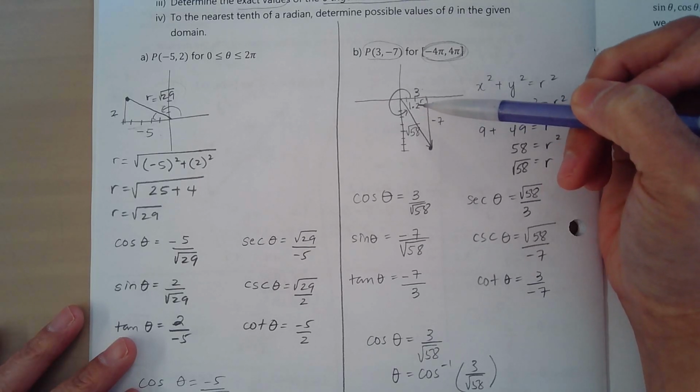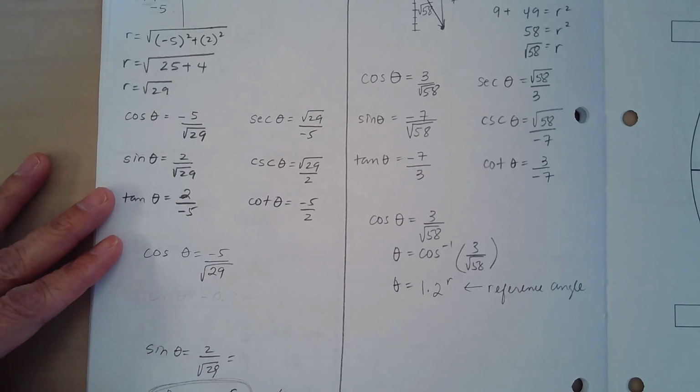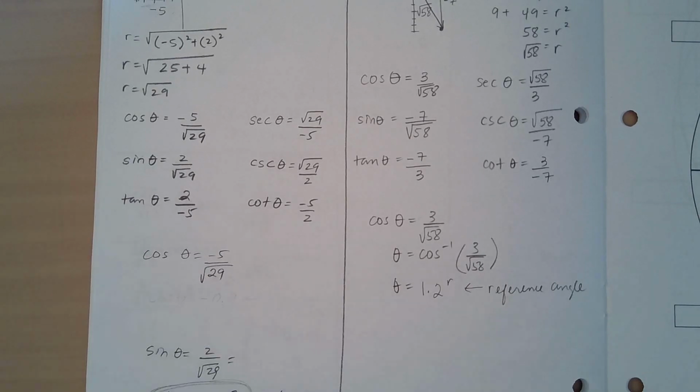You okay? So if the angle says pi or something in radians, it has to be in radian mode. Sound good?